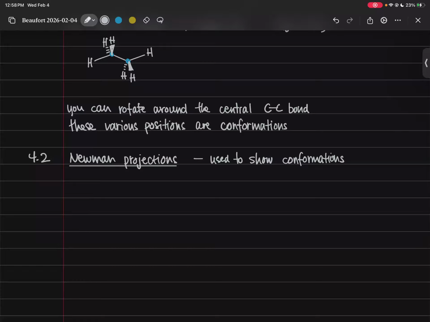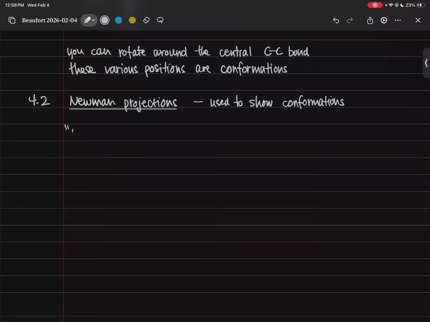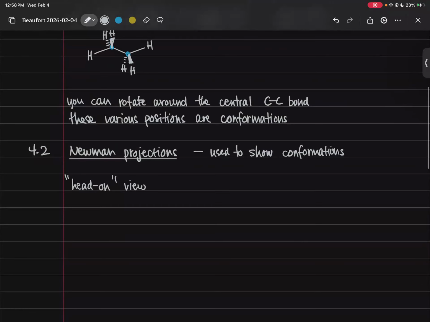This is a side view of the molecule. And let's slowly rotate it 90 degrees. And we're going to draw a head-on view kind of thing. And this is not a real thing, this head-on view, but it's really halfway between what we drew up there and a Newman projection.